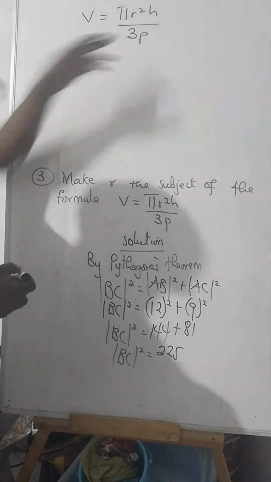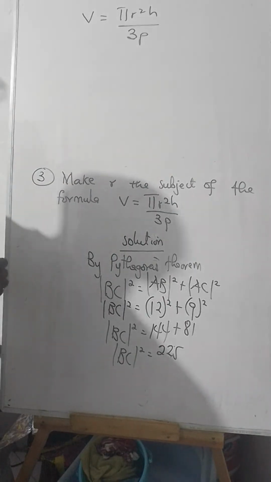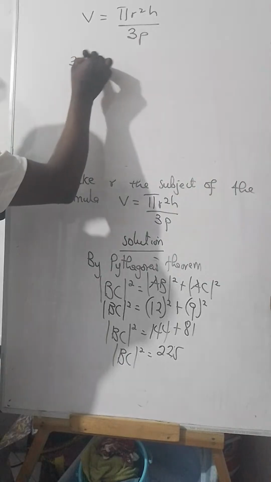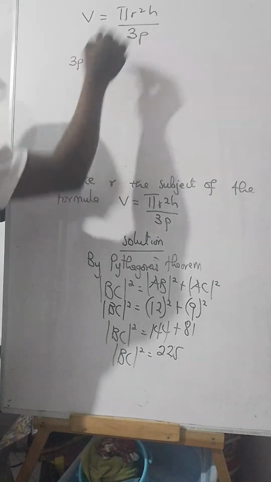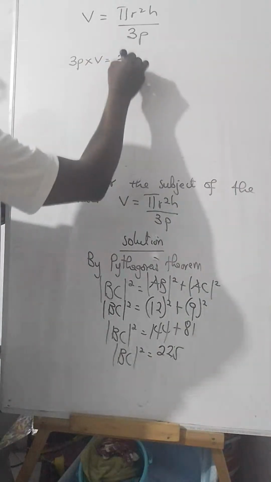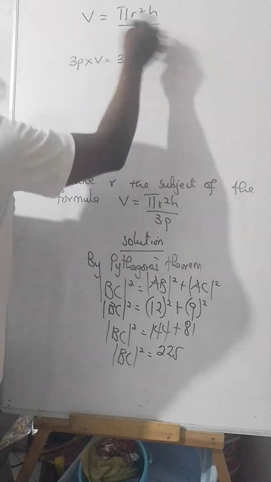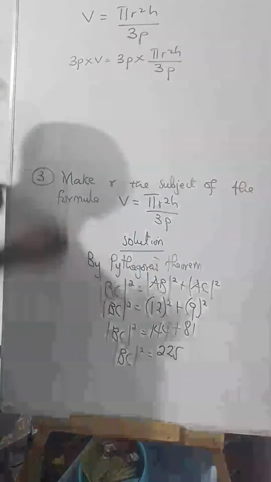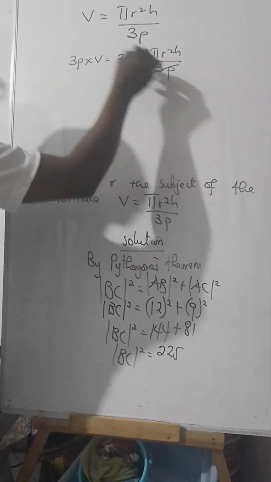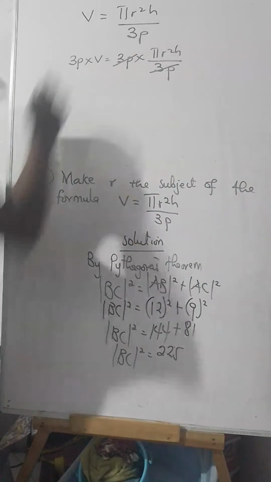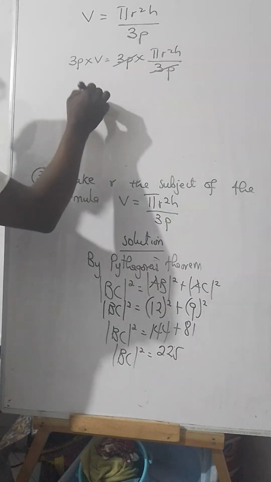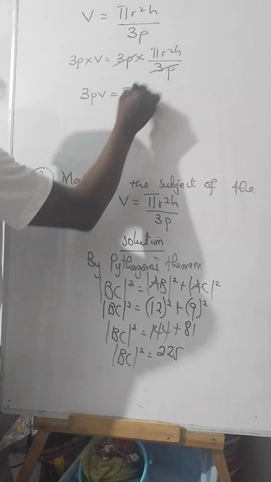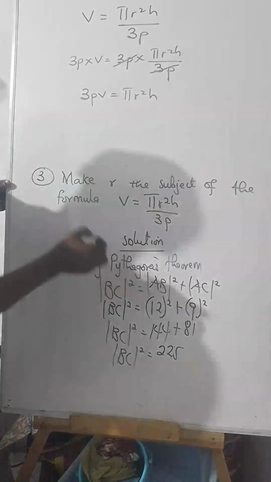So you need to make the equation or the relation here linear. Use the LCM 3p. So 3p times V, then the same 3p will multiply everything, which is also 1 pi r squared h on 3p. Right. So like this, cancel this. Then you are left with 3pV, and that is giving you pi r squared h.